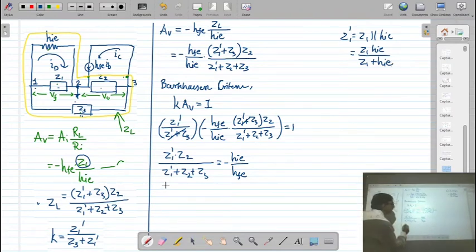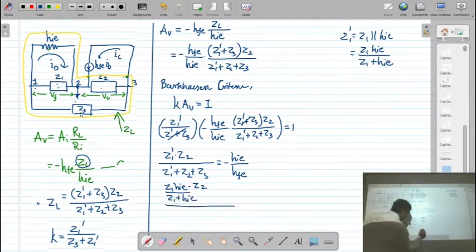So Z1 into hie into Z2 divided by Z1 plus hie, divided by Z1 hie divided by Z1 plus hie plus Z2 plus Z3, and this is equal to minus hie upon hfe.